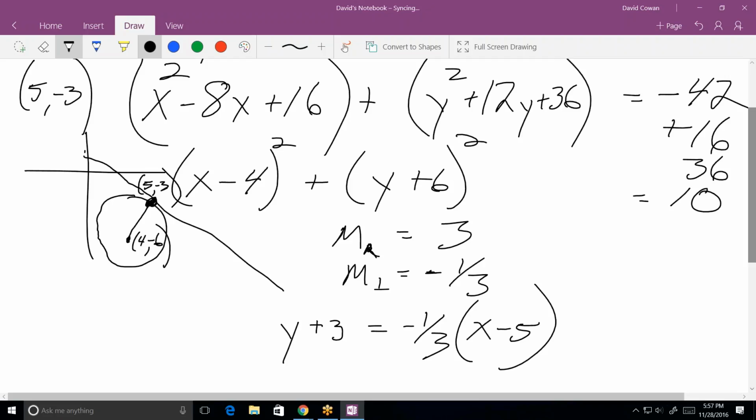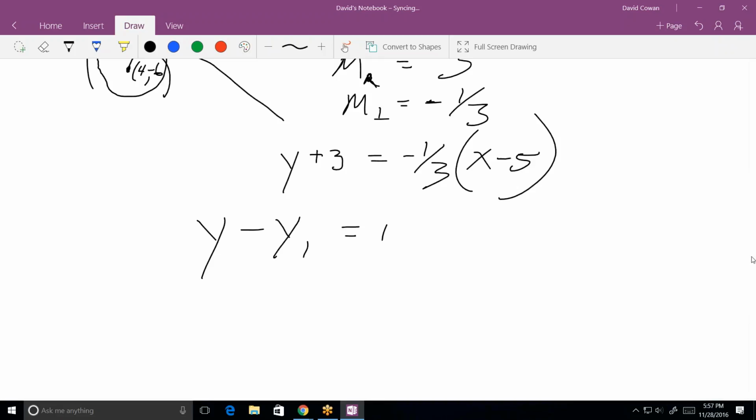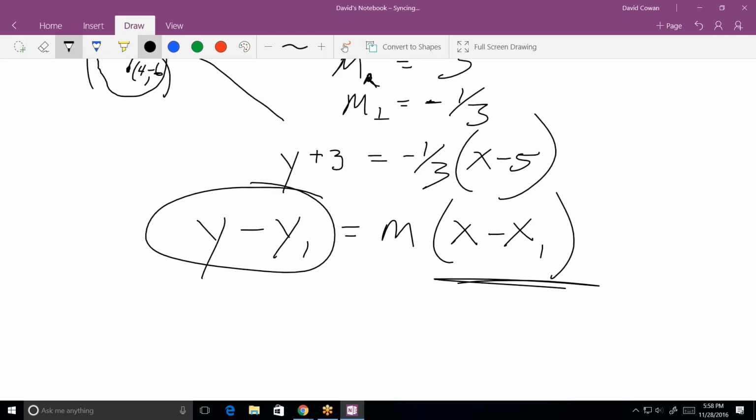That's your final answer there. Let me just say one other thing: if you forget the point slope, here's a good way to memorize it. Divide both sides by that. What do you get? You get slope equals rise over run.